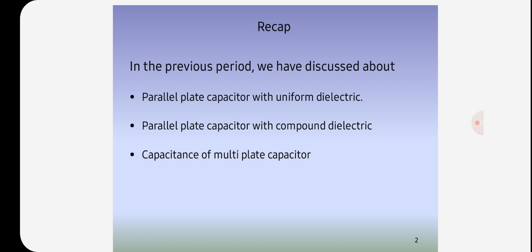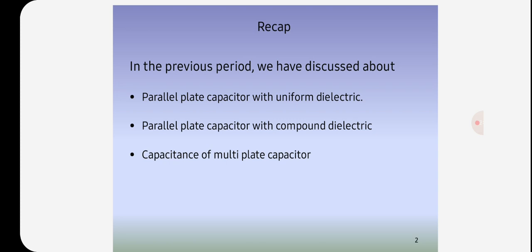To find the capacitance, consider a parallel plate capacitor having two conducting plates A and B, each of area A square meters and separated by a uniform dielectric of thickness d meters and relative permittivity epsilon r.